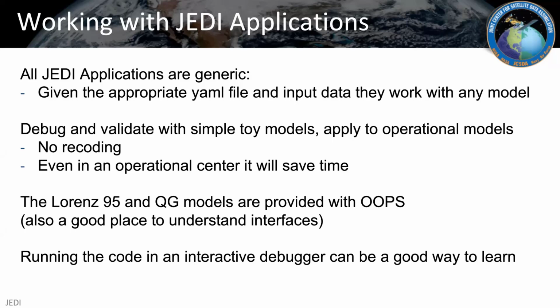For example, you can test it with a Lorenz model and a QG model, and then go to your full model. And there is no coding needed to swap from one model to the next. So even in an operational center, when you want to develop something new, it will save you a lot of time to first test it with a Lorenz model before you go to a more complicated model. Debugging is a lot easier. It runs on a laptop. It's super quick. So that's always extremely useful.